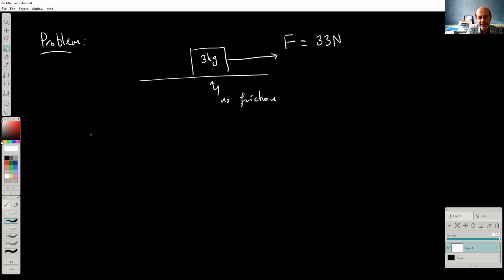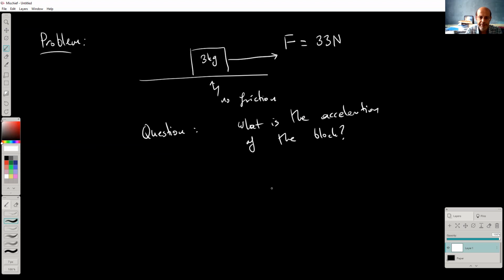And the question is, what's the acceleration of the block? Okay, so we will solve this problem. We just start with the simplest problem, obviously.